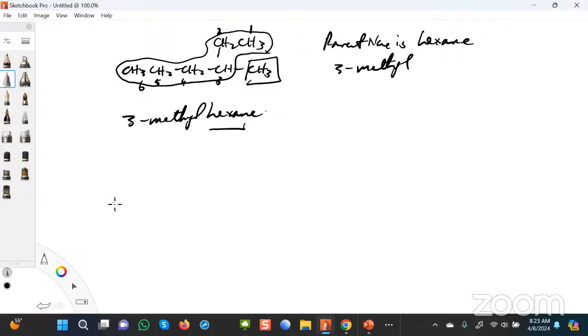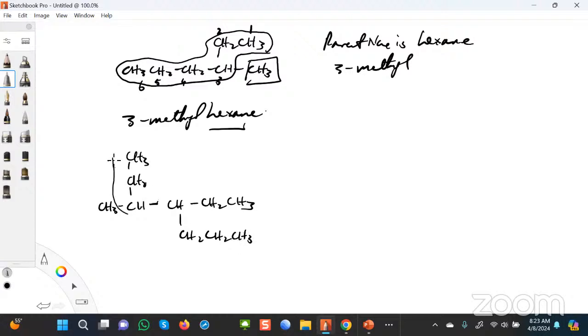The other example that I had before was CH3, CH, CH2, CH3, and then we continue here, CH, and then we have CH2, CH3, and then we have down here CH2, CH2, CH3. So as I recall, this is the longest chain.